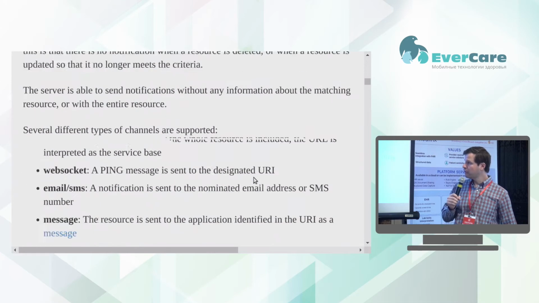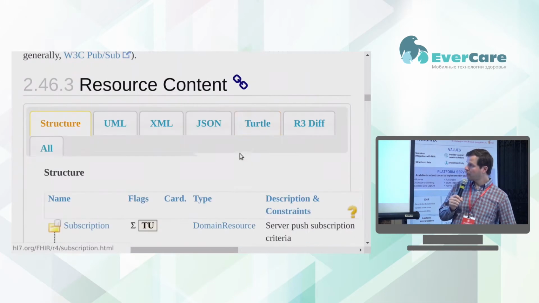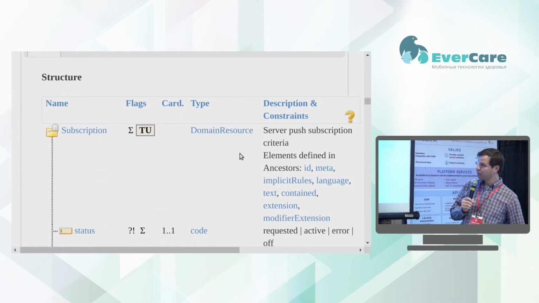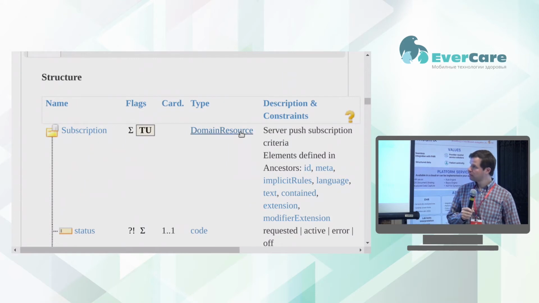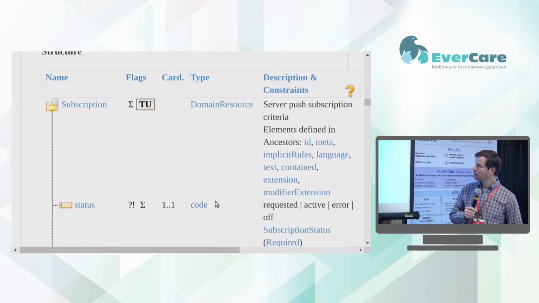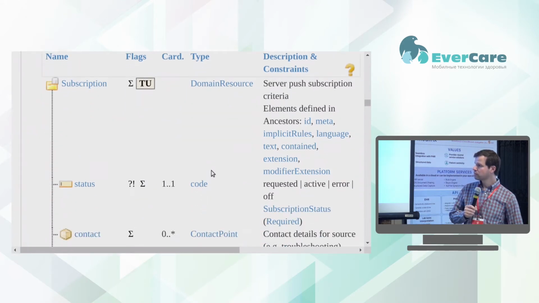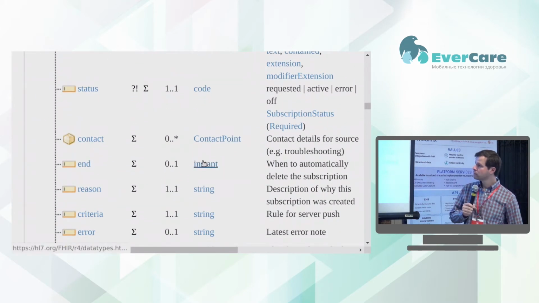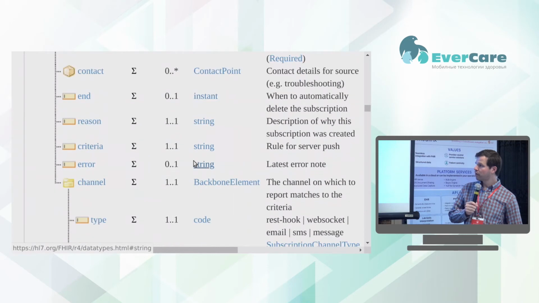So to give you a quick view of the structure of this resource, I really want to show just a couple of properties of the subscription. The most important property in R4 is a property called criteria.